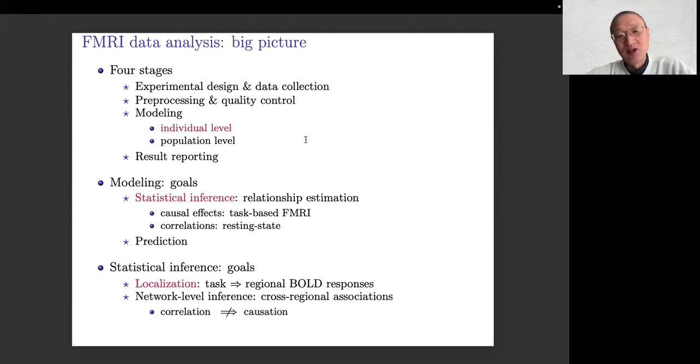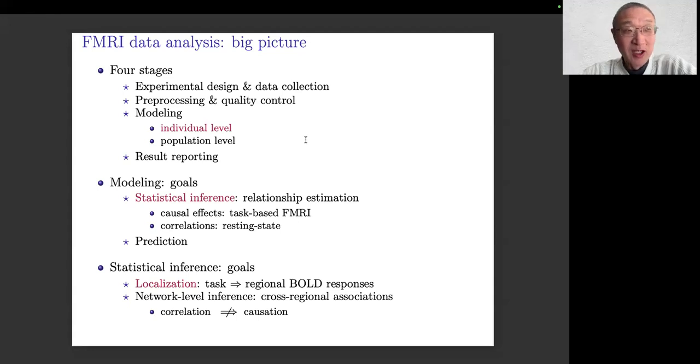For FMI, there are 2 major types of experiments. One is called task-based, the other one is resting state. There's a third category, a little bit less popular, called naturalistic scanning. For task, usually we tend to make some causal inference.